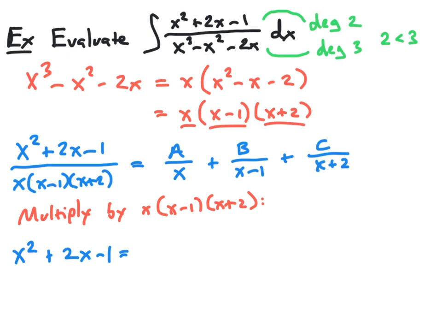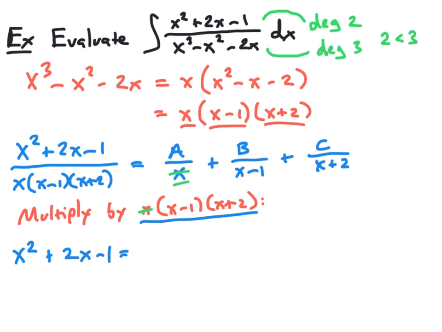On the right-hand side, we're going to multiply each of the three terms separately by x, x minus 1, and x plus 2. When we do, one of the factors is going to cancel with the denominator in that term, and the other two will remain being multiplied by the constant. For example, when I multiply a over x by this product, we have an x in the denominator and an x that we're going to multiply by, so these two x's will cancel.